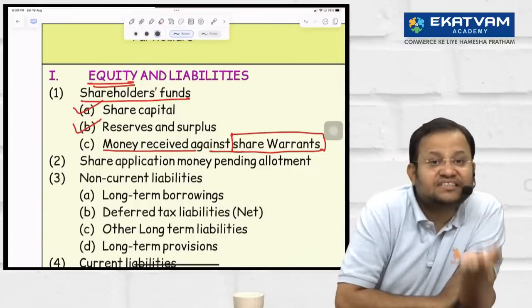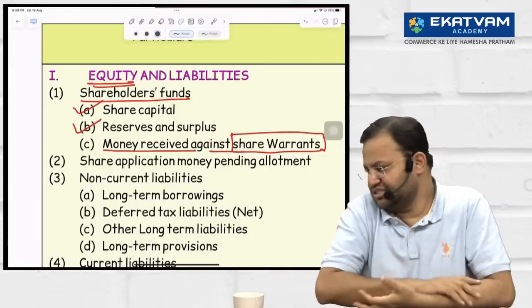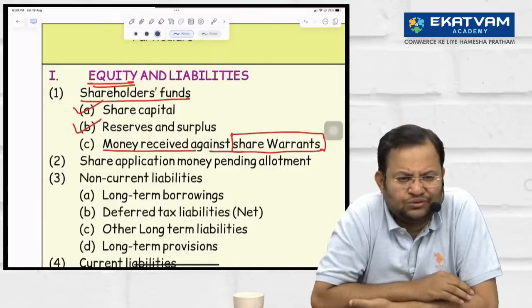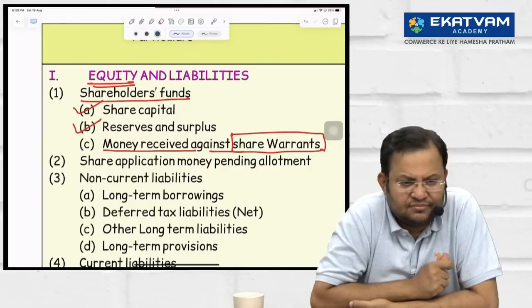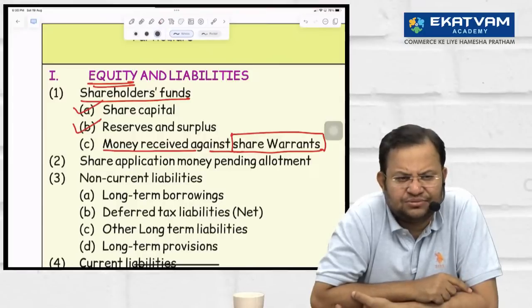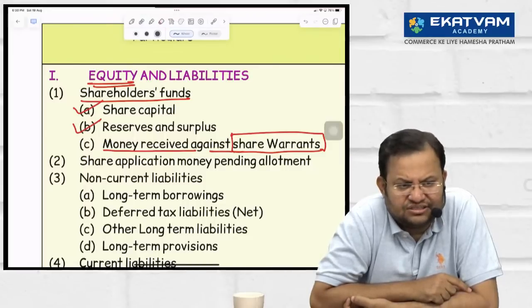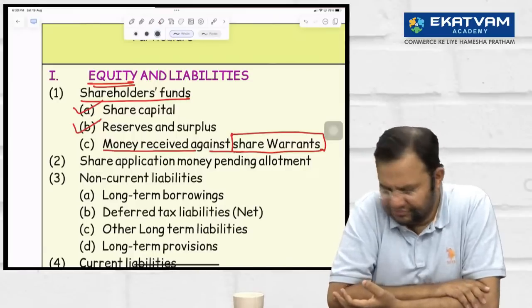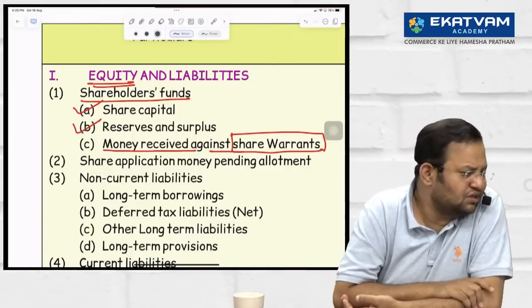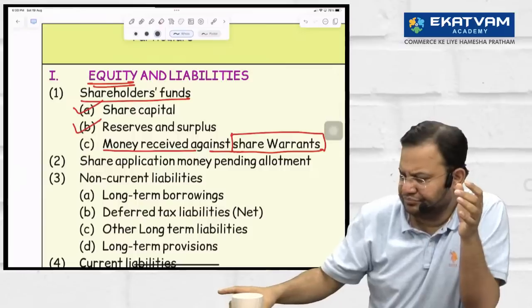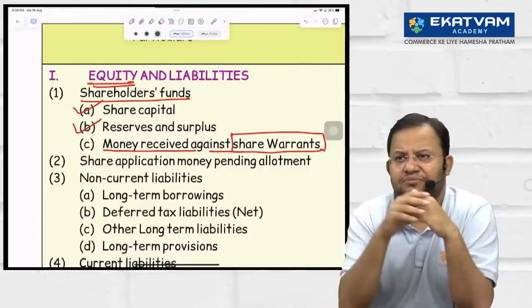Full stop. This money received is shown on the balance sheet under the heading shareholders fund.